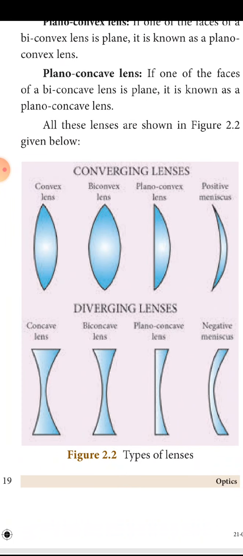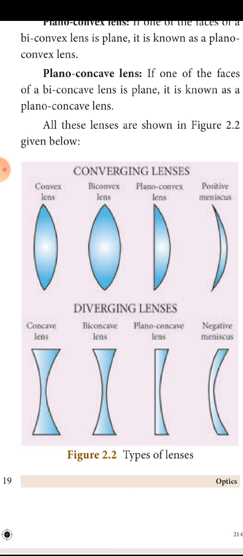Both surfaces are curved. One is a concave surface and another one is a convex surface. This is positive meniscus. In the concave lens, you can see that one edge is curved very deeply, one edge is curved slightly.